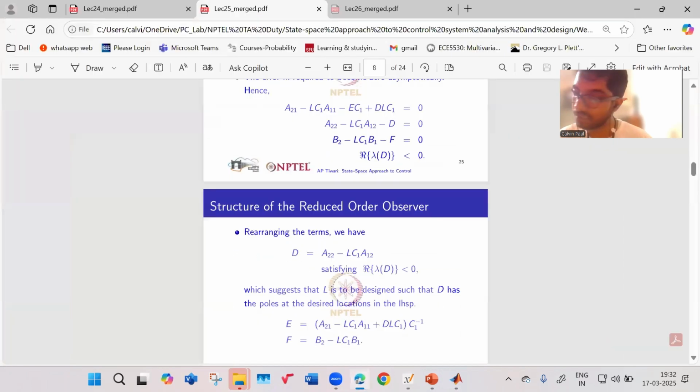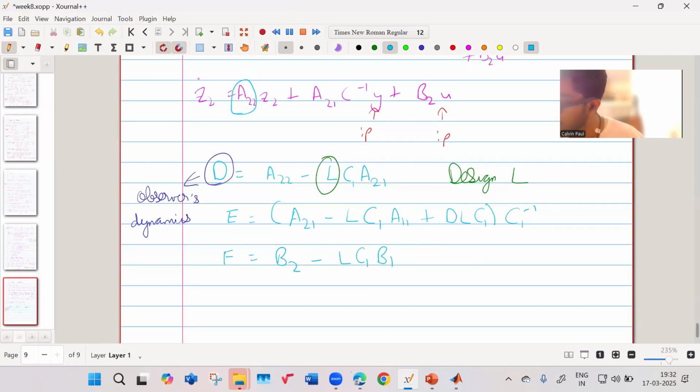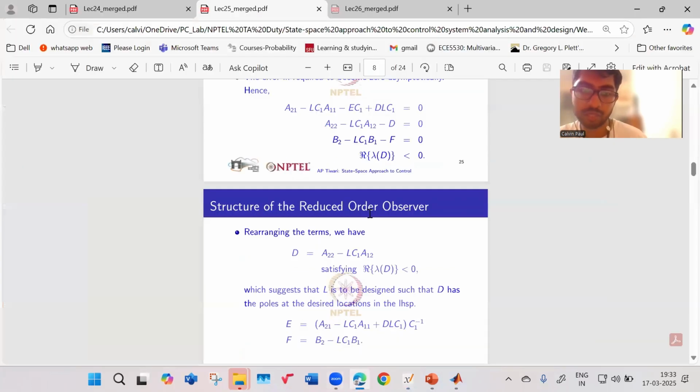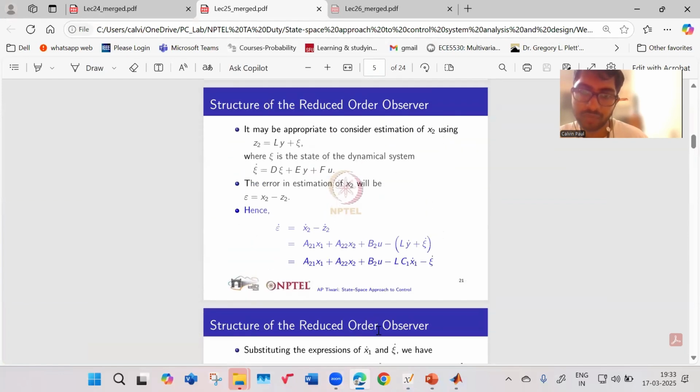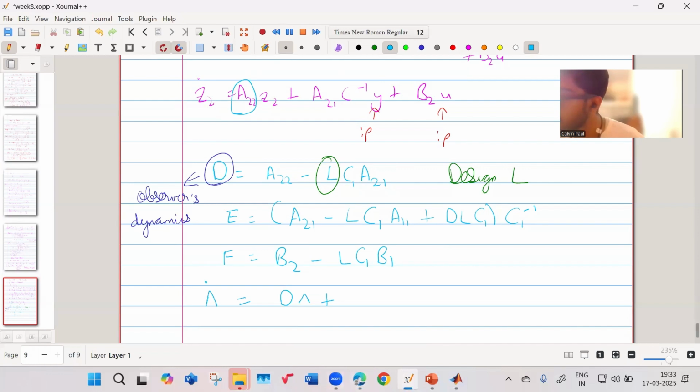And our effective system. Let me use some easier notation. Let us use gamma: kappa dot is equal to D into kappa plus E into y plus F into u.